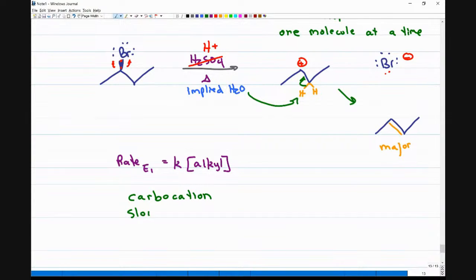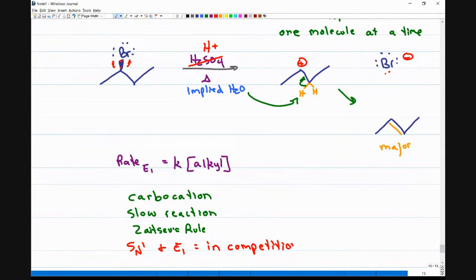It's a very slow reaction. It follows Zaitsev's rule. And something I didn't show you before in SN1, which we'll add in, is SN1 and E1 are always going to be in competition. That means you're going to have a mixture of both SN1 and E1 happening at the same time.